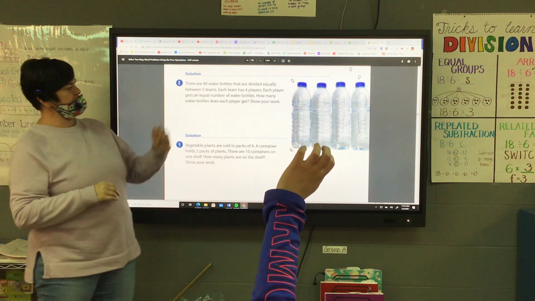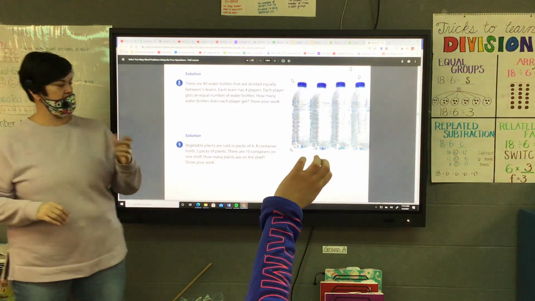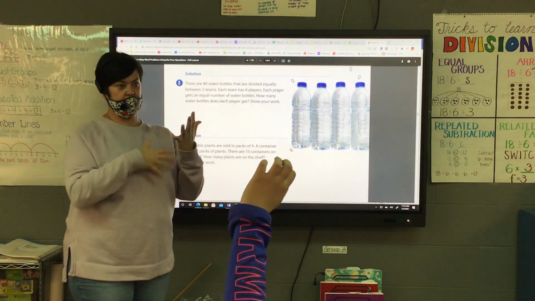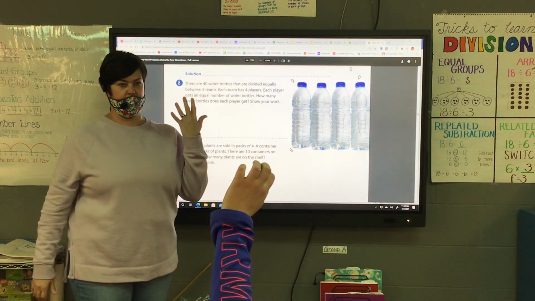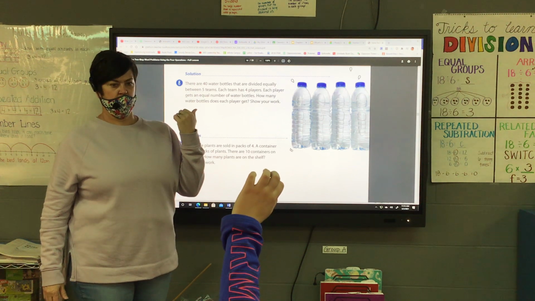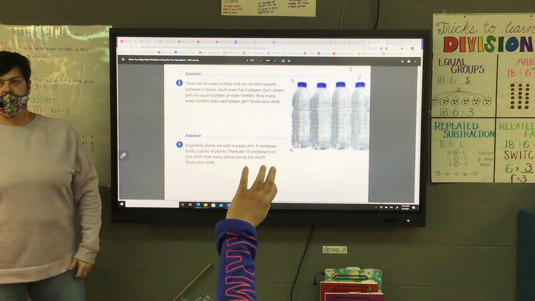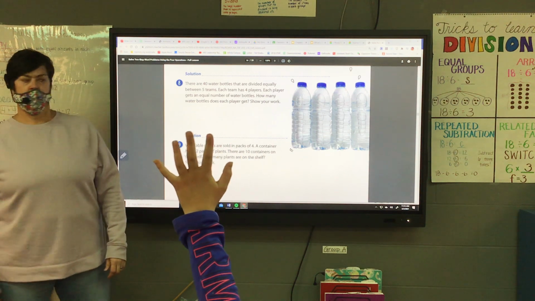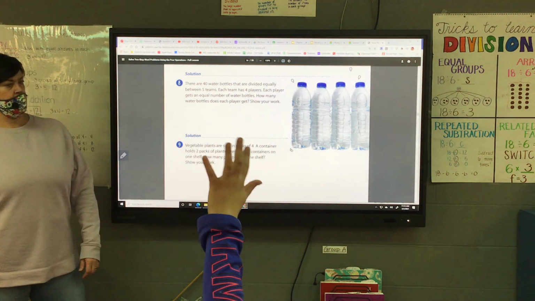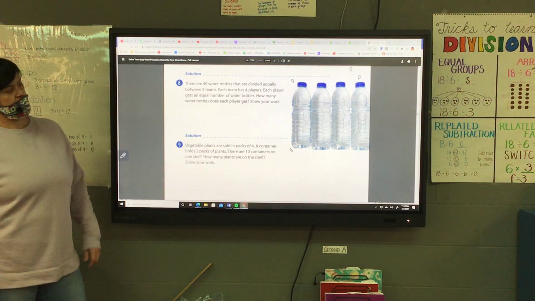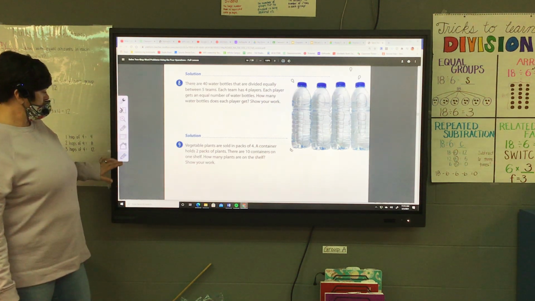So I'm starting out with 40 water bottles that are split equally among the 5 teams. Should I do that first? What do you think? Natalia? Divide 40 divided by 5.